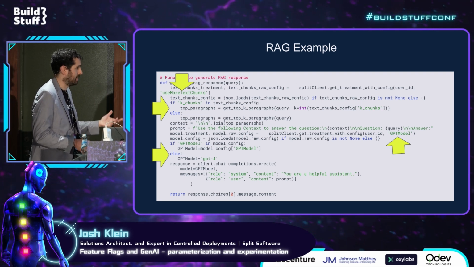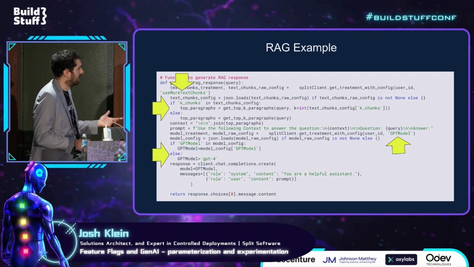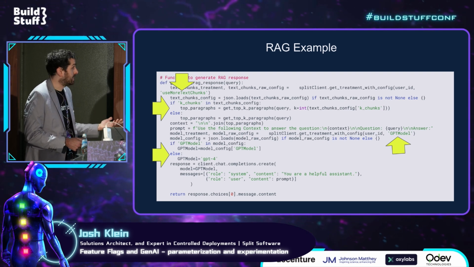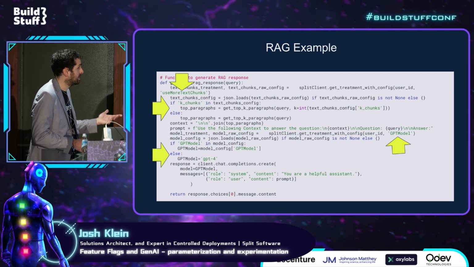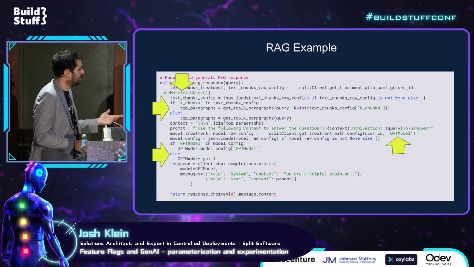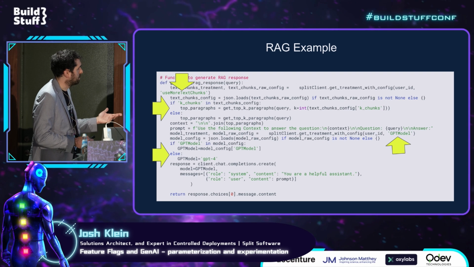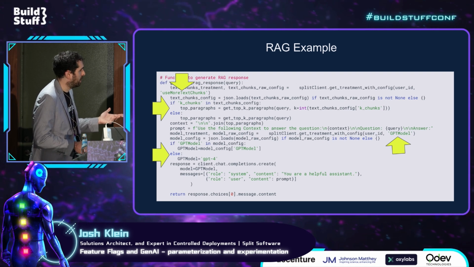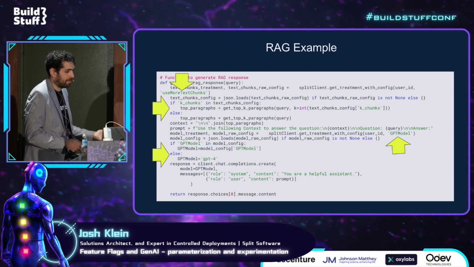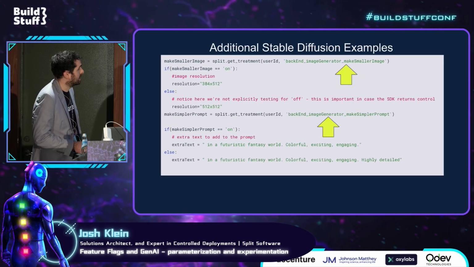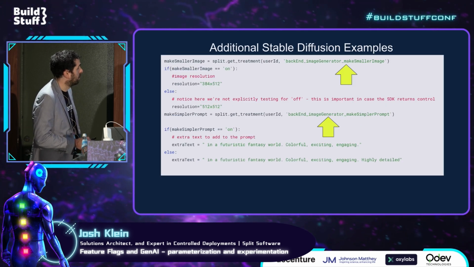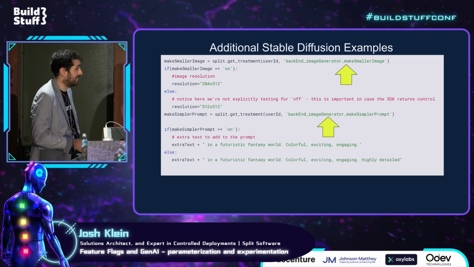You vectorize those and compare those to the question, get the ones that are closest to it, and add those as context to your question, to your prompt to the generative AI LLM. And what you can do here is say use more text chunks or the GPT model, and you can control that from your system as well. And another stable diffusion example here: make a simpler prompt or make a smaller image. Again, just ideas that you can think about.